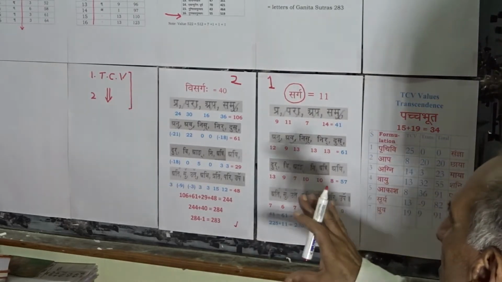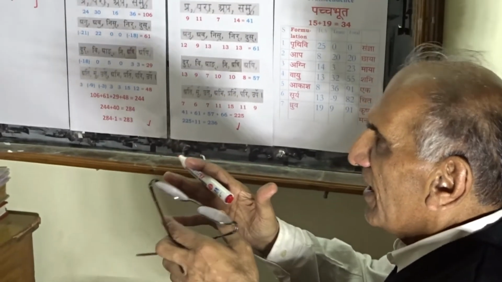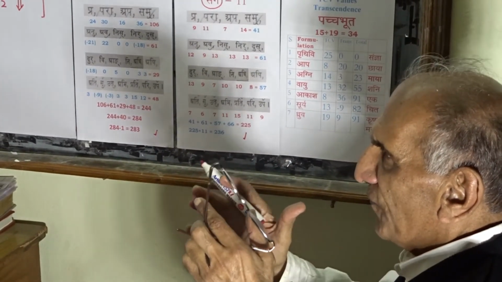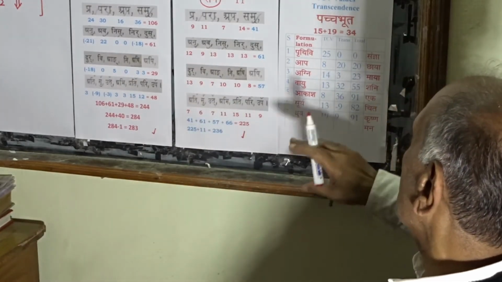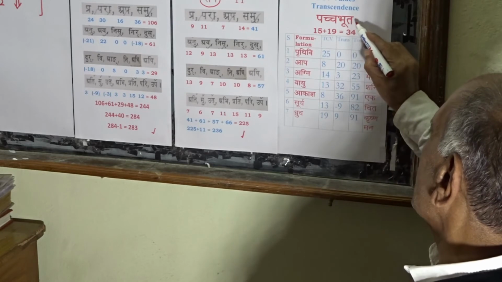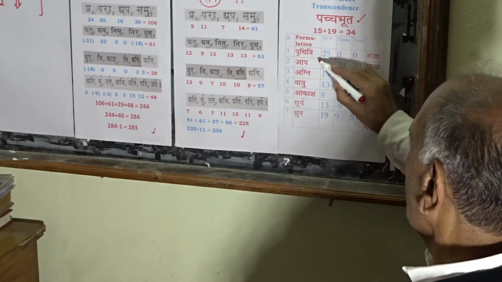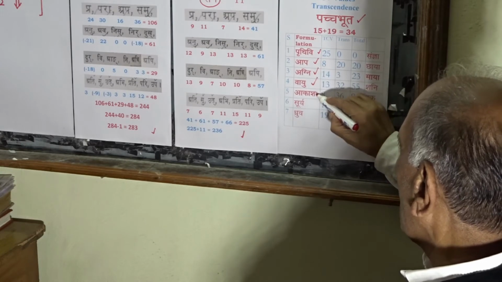The second way to have a comparison for the mathematics of Ganita Sutras with the Vedic systems is going to be in terms of the formulations designated as Panchbhut: Prithvi, Apa, Agni, Vayu, Akash.